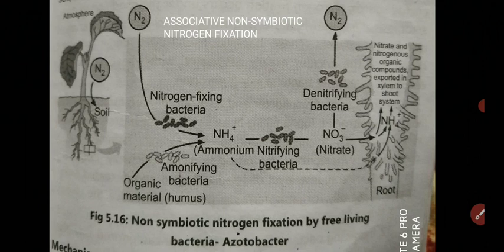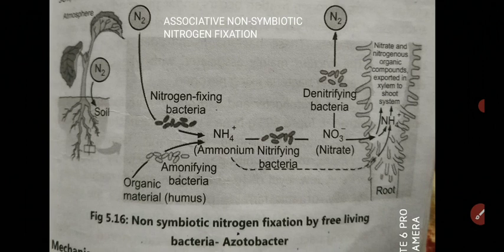That means these bacteria do not directly form any association with the host plant, but they are present in the particular host plant crop farm and they fix atmospheric nitrogen and make it available to that plant. That's why it is called associative nitrogen fixation by the bacteria.